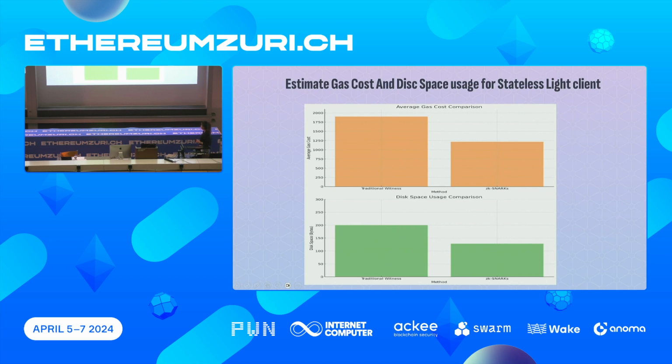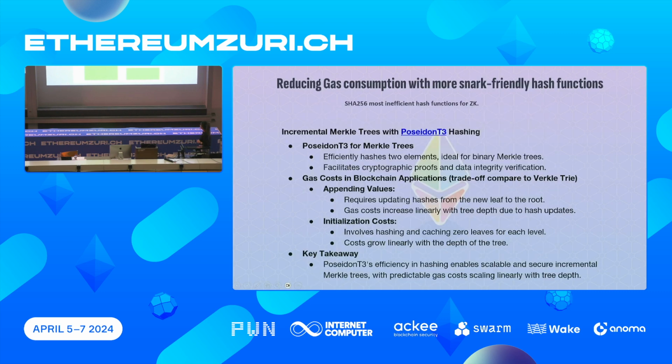As you can see, the average gas cost reduces when you compress your witness with a snark, and the space required by a snark proof of witness is even less than the traditional witness. So we can save a lot of disk space at Ethereum.